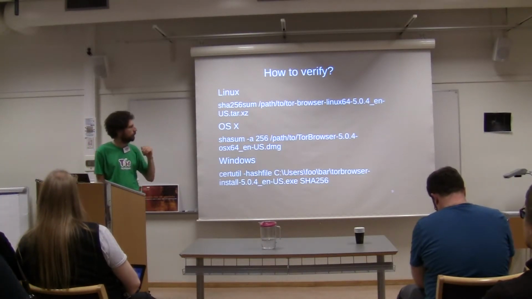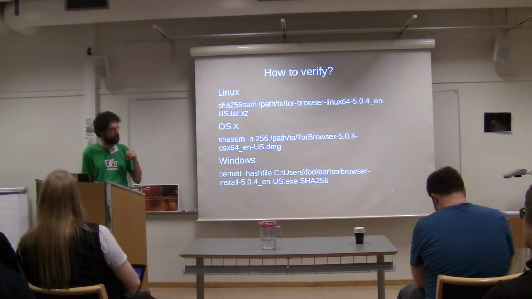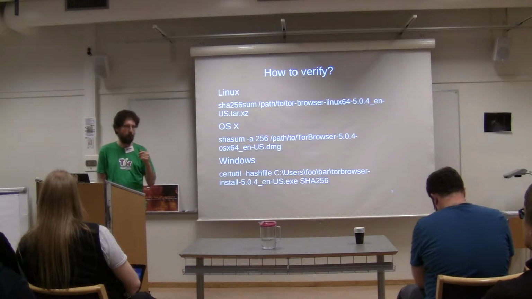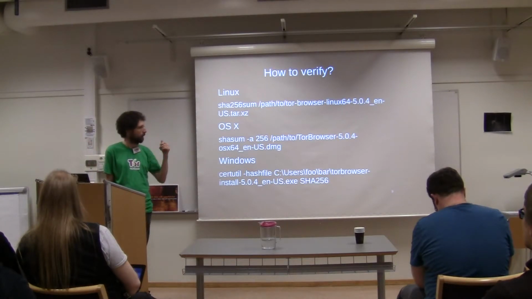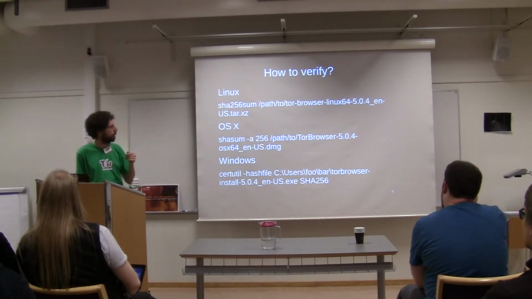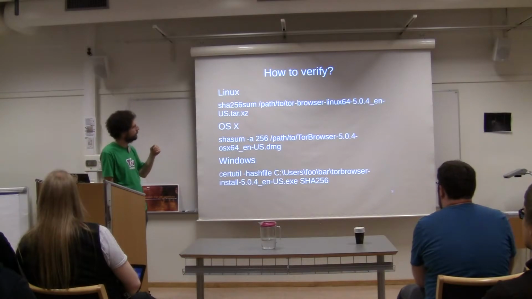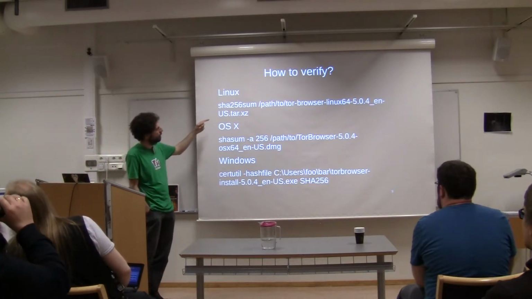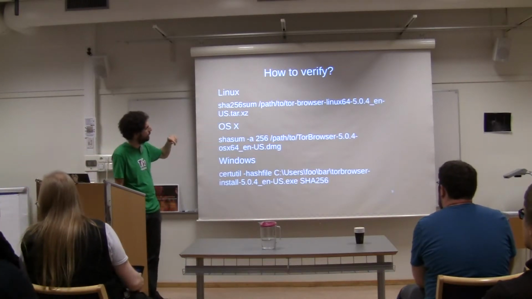And they're supposed to be good in a way that it's hard to give you the same hash for a different Tor browser bundle. So let's suppose you downloaded the 64-bit Linux version.